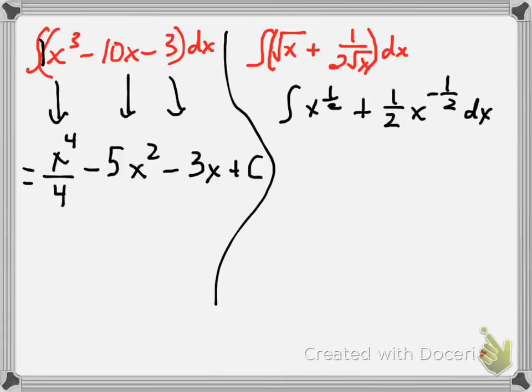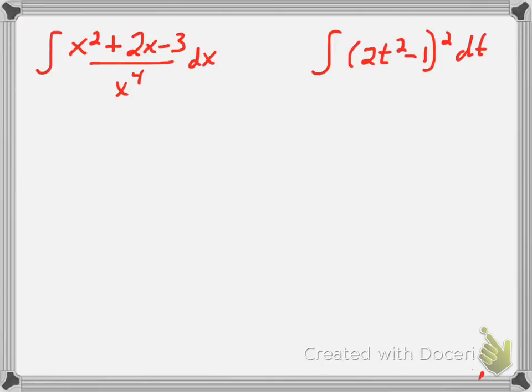So let's take the integral, you raise it by 1, so that's 3/2, and then you divide by 3/2, which is the same as multiplying by 2/3. And you raise this by 1, and that would be 1/2. Divide by 1/2, same as multiplying by 2. This is already multiplied, because you take 2 times 1/2, you get 1, plus your constant.